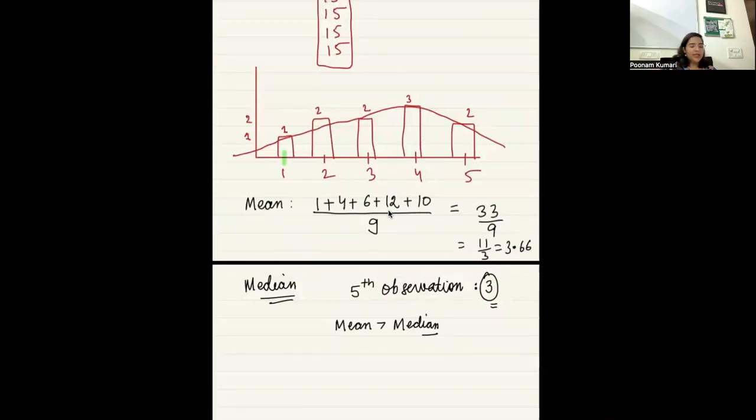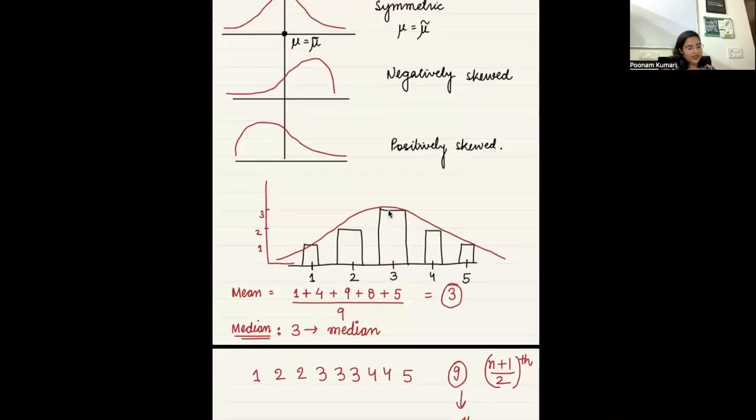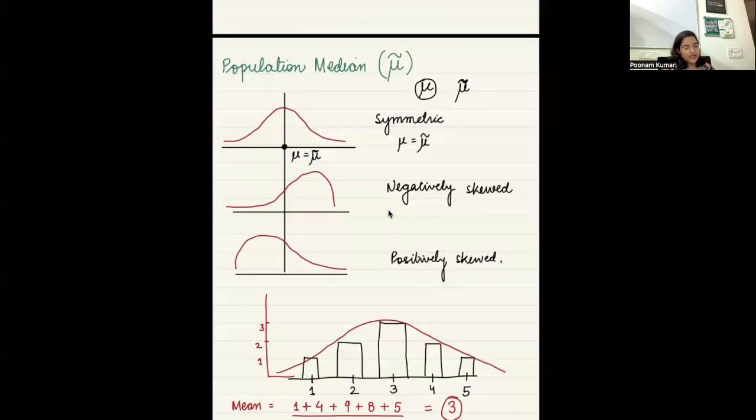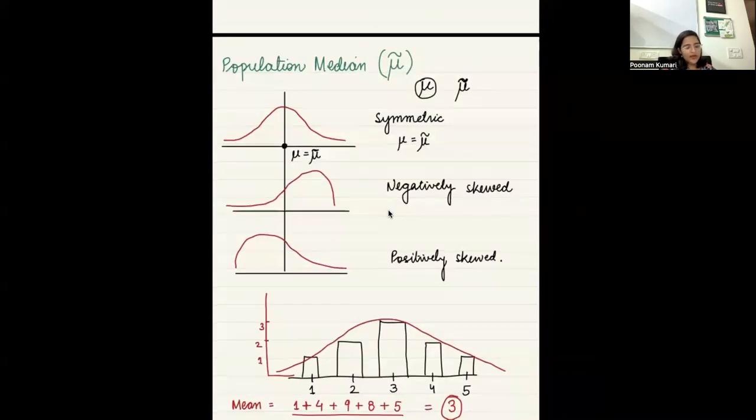So in this case, हमें क्या देखने को मिल रहा है कि अगर हमारा सिस्टम इस तरीके का है, तो हमारी जो मीन वैल्यू है वो बड़ी आ रही है relative to my median value, right? Yes, ma'am. So my mean value is coming here and my median value is coming somewhere here, right?